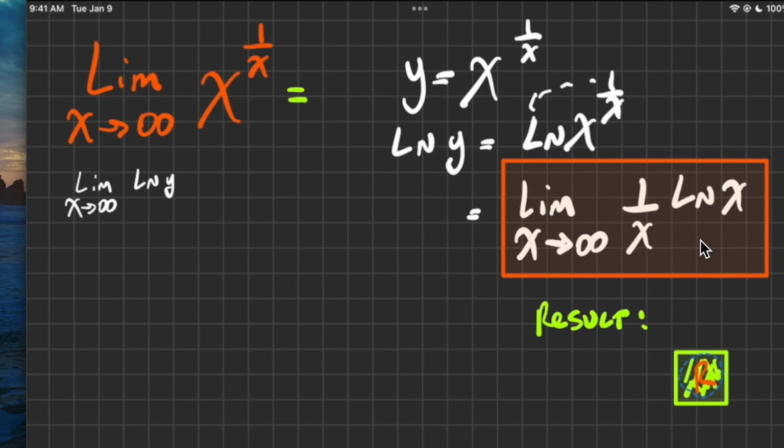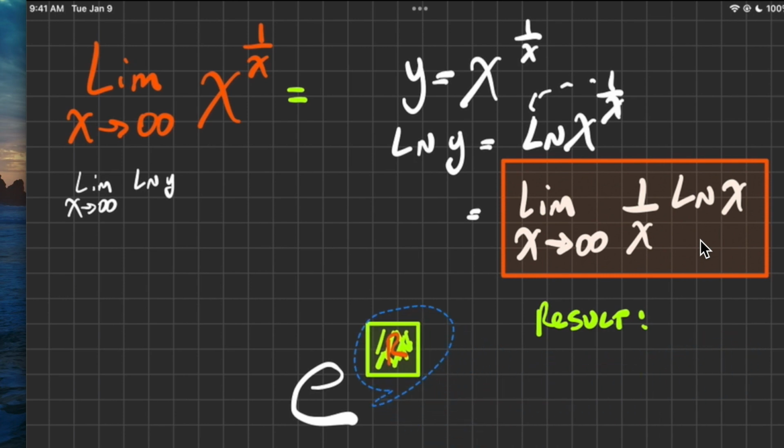And then to get our final answer, we're going to exponentiate it. We're going to take this box and take e to whatever power that is. That is the game plan. That's because we want the limit of y, not the limit of the natural log of y. So exponentiating it at the very end undoes that natural log. You'll see what I mean in a minute.